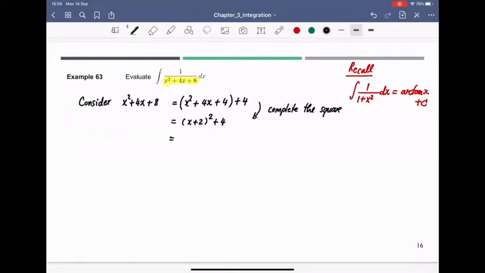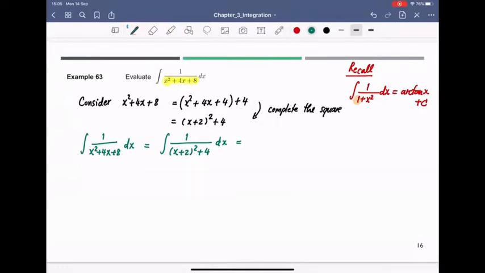After that, my integral is 1 over x squared plus 4x plus 8 dx. After I simplify it, it's 1 over x plus 2 squared plus 4 dx. After I complete the square, you can see that I need 1 here, the one that I highlight in orange, so I can integrate easily. So I'm going to pull out a quarter.